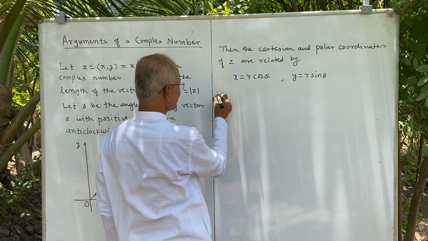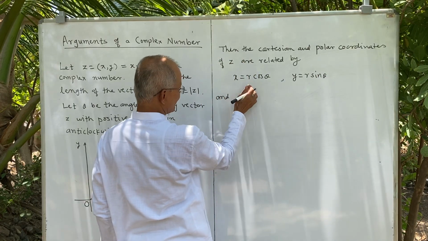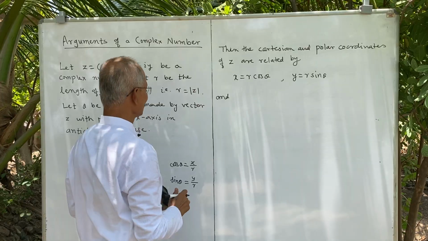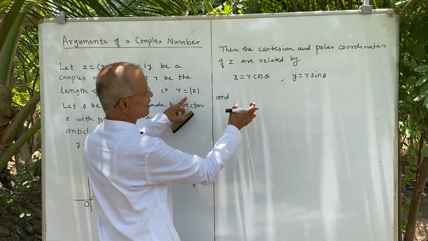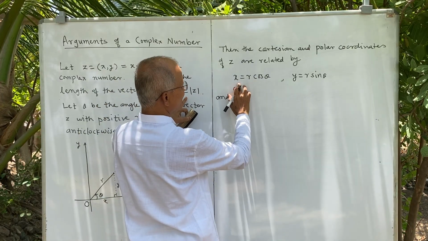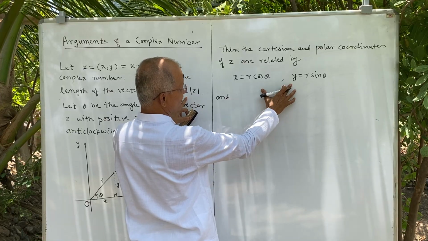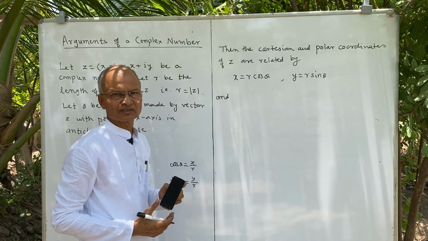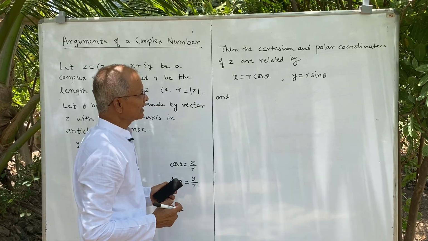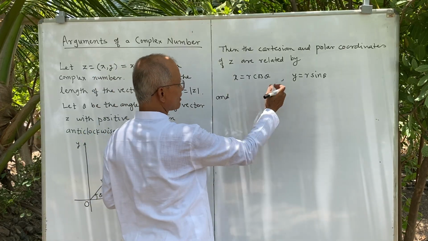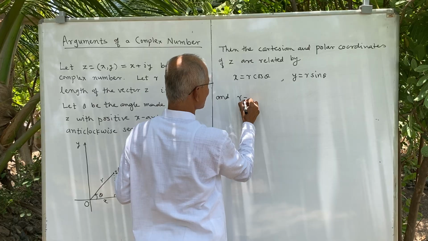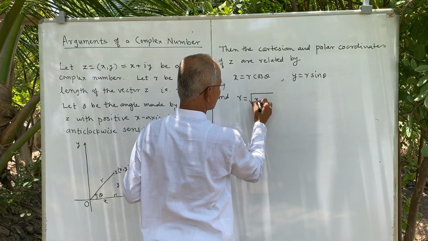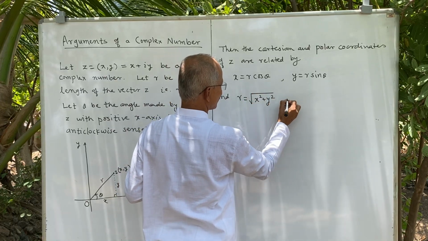And from this it is easy to note the value of r, which we have written here as mod z. Squaring and adding, we get x square plus y square on the left side, and on the right side r square cos square theta plus r square sin square theta, which is r square. Therefore x square plus y square equals r square gives r equals under root of x square plus y square.